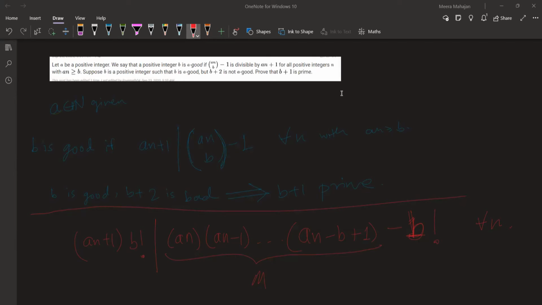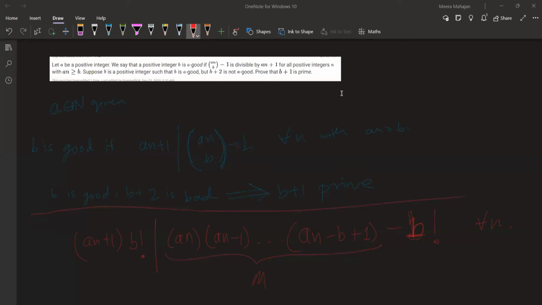Can we use polynomials here? So set a_n to be x, then the right hand side. Basically, if we consider the m term, it will have 0, 1, up to b minus 1. So all these b values will be the roots of the polynomial.